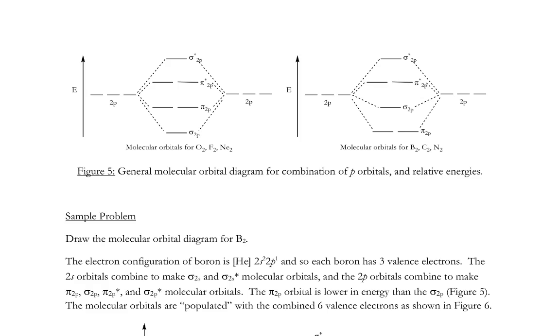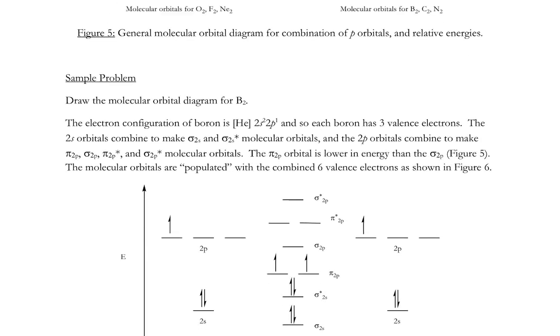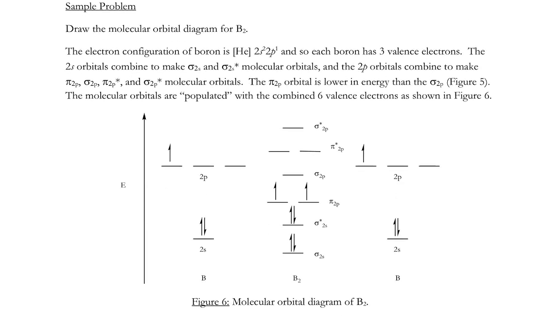So the MO energy level diagram for B2, C2, N2 would have at the very bottom, not shown, sigma 2s, higher in energy, sigma 2s star, next pi 2p, then sigma 2p, then pi 2p star, finally sigma 2p star. That is shown and filled in for B2 here in figure 6.